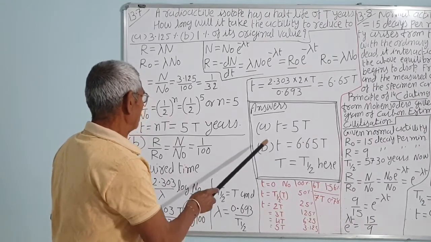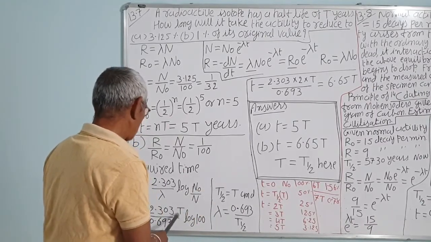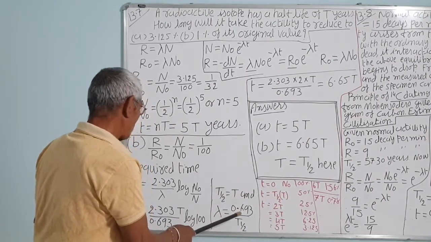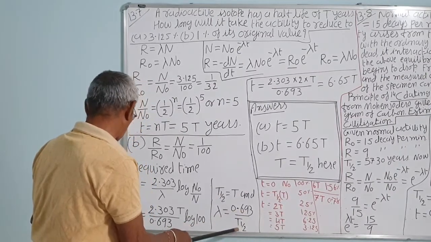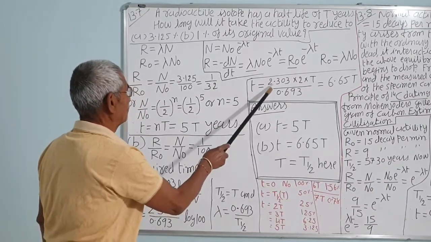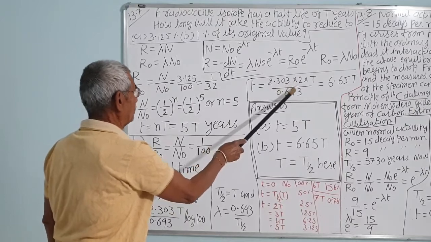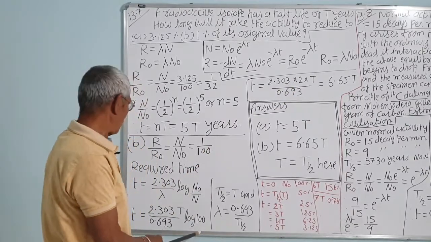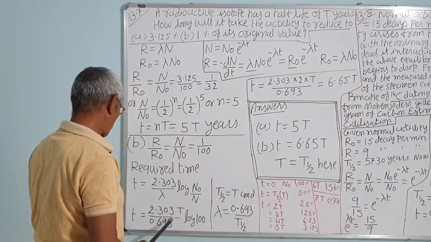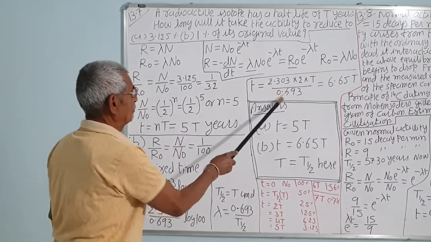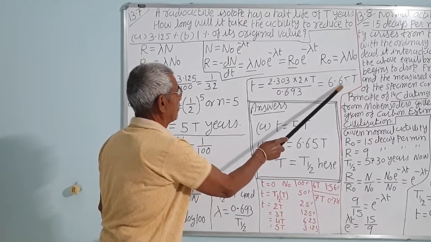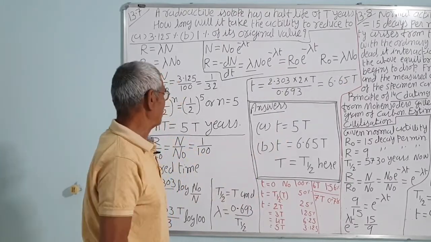So in this calculation, T half is T and lambda is 0.693 upon T half. This calculation is 2.303 into log 100, which is 2, always to the base 10, into the half life period upon 0.693, and that comes to about 6.65 in terms of the half life period.